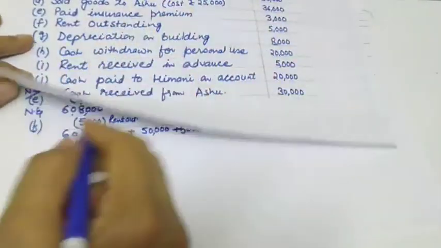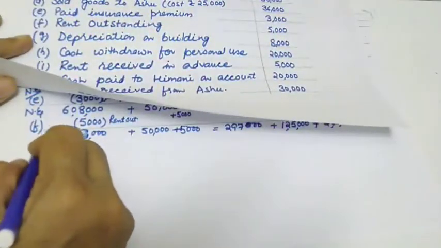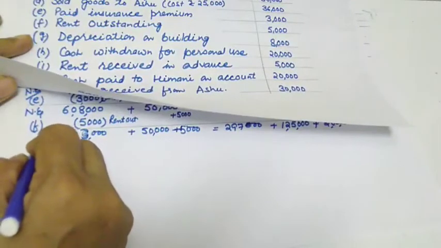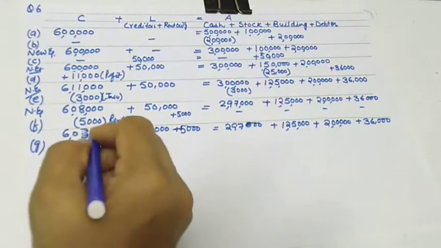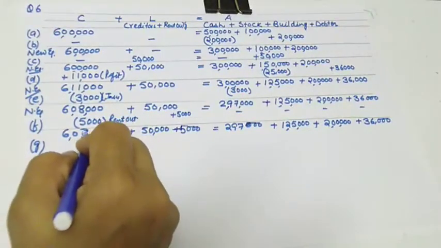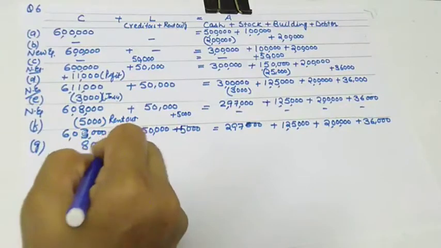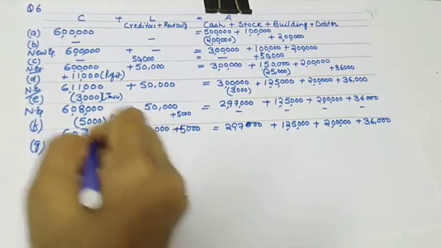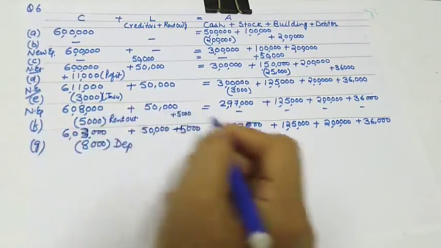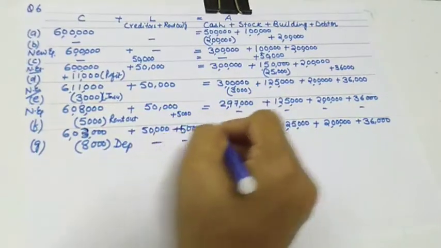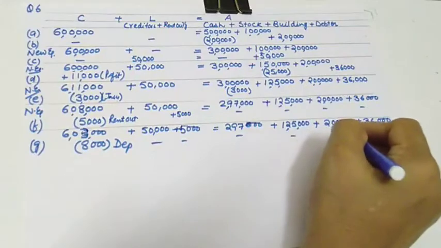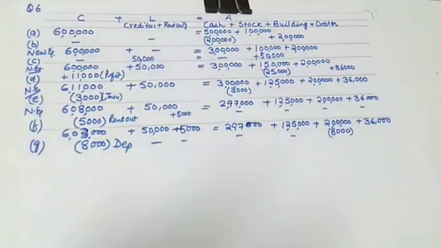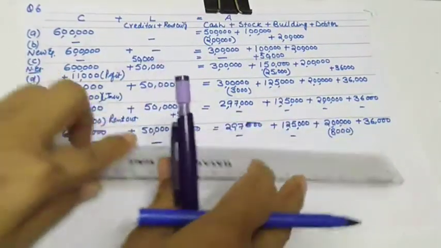Yes. So now next is depreciation on building 8,000. So this is my next transaction number G. So what is to be done when there is a depreciation? Depreciation is a loss for the firm, so it will be deducted from capital. This is 6 lakhs 3,000 and no change, only your building will reduce by 8,000. So let us see the new equation, impact of this.